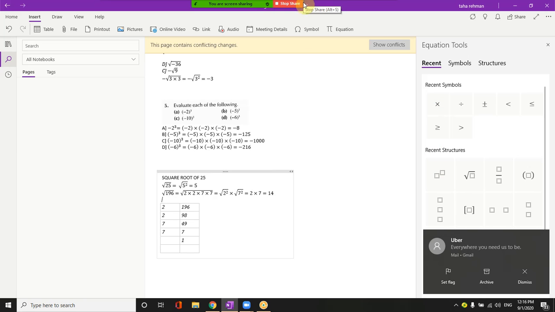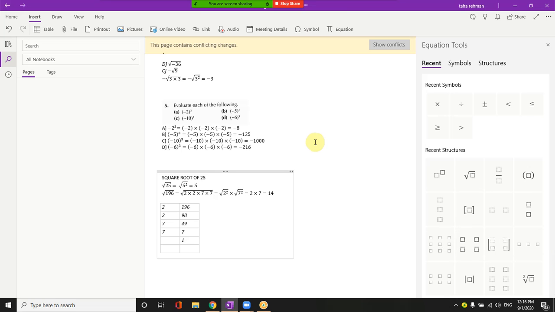Yes, sir. Got it? Now you need to solve one more question for me, and that is you need to find the square root of 144. Hurry up.